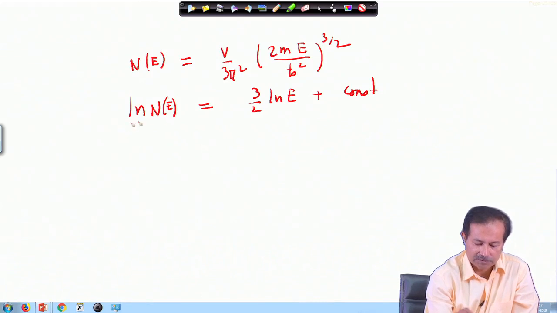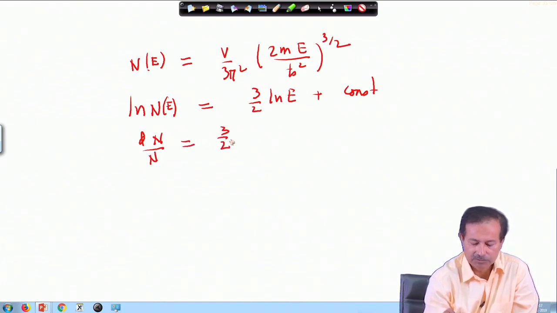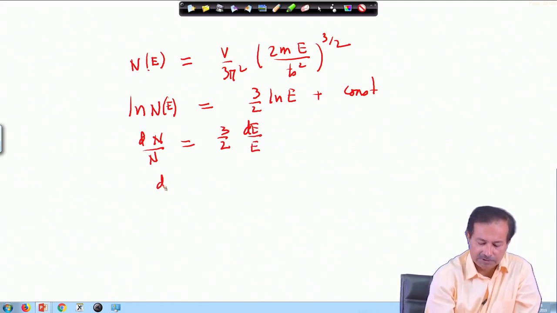Now, take a derivative. So, dN by N is equal to 3 by 2 dE by E. That means dN by dE equals 3 by 2 N by E. This is a very useful relation.